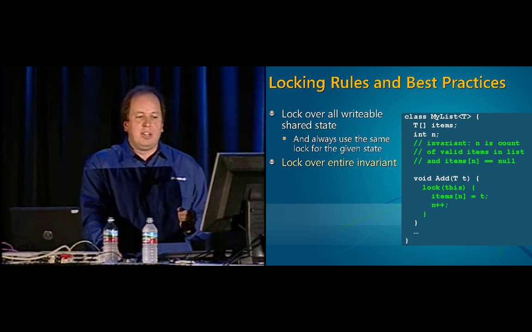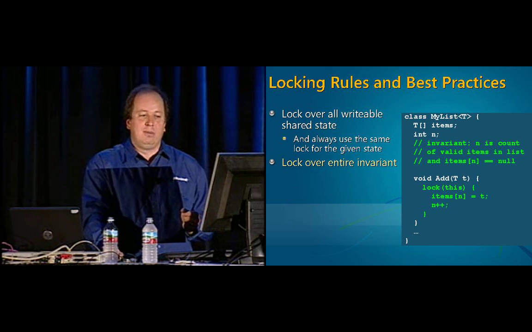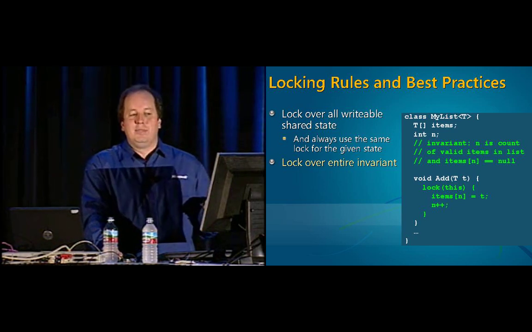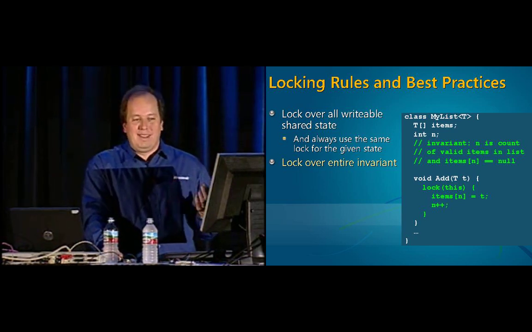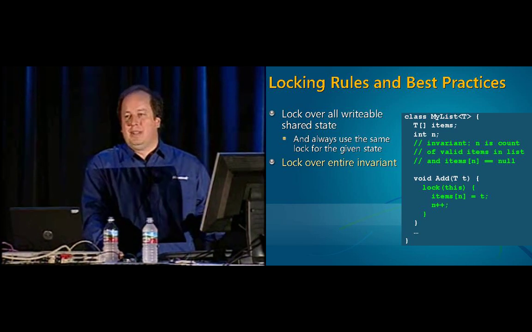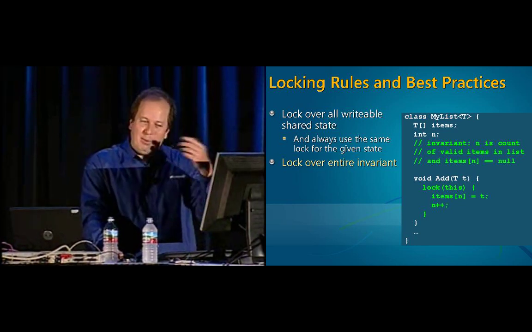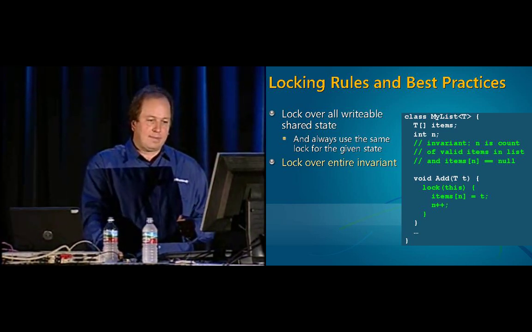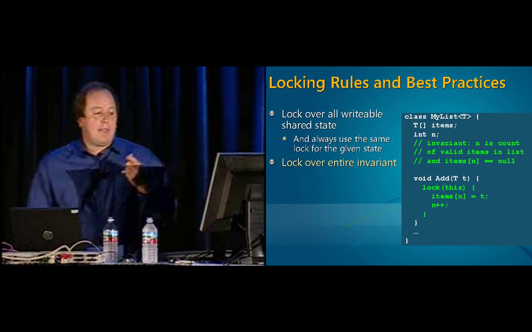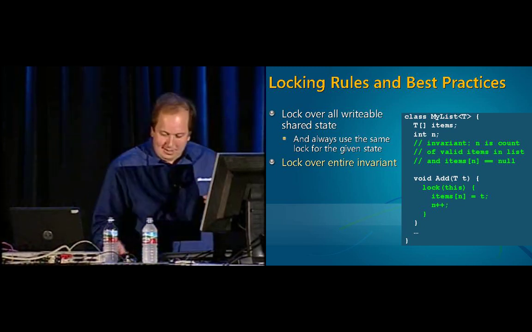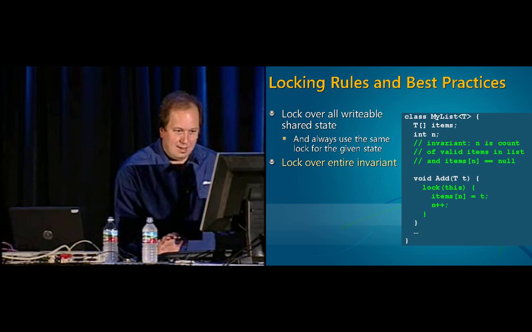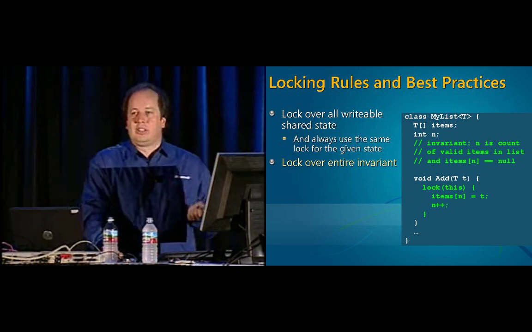So I have here some code that in the single-threaded world was just fine. When you add an item to the collection, it sticks it in the last element and increments the end pointer of the collection. In a concurrent world, if this was executed concurrently on several threads, all kinds of bad things could happen.